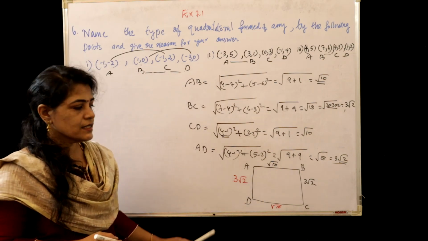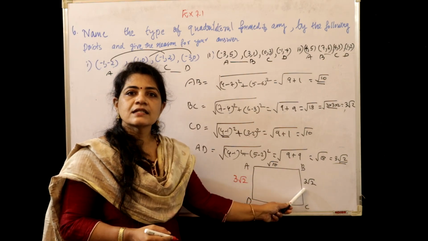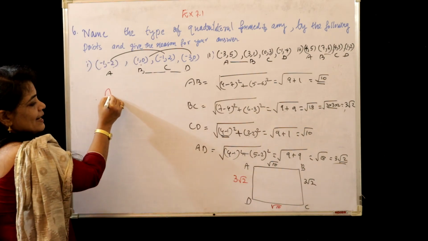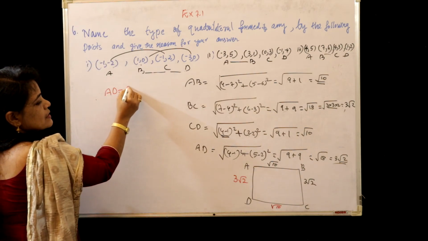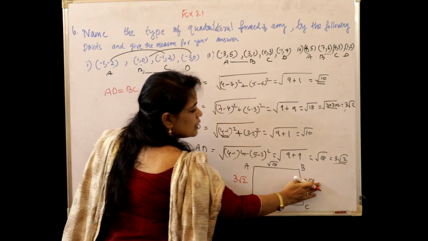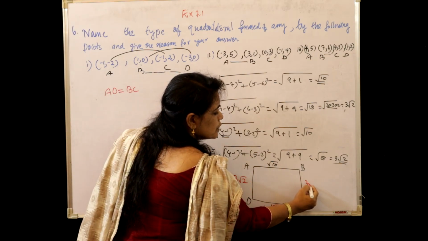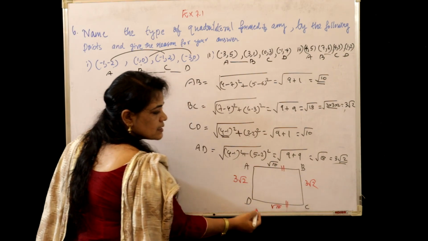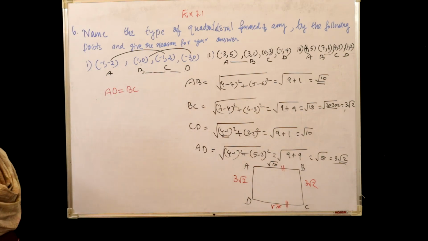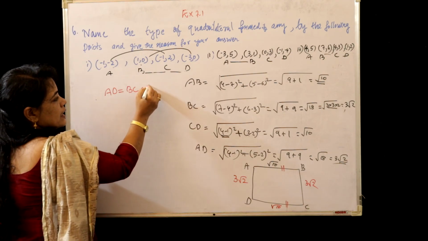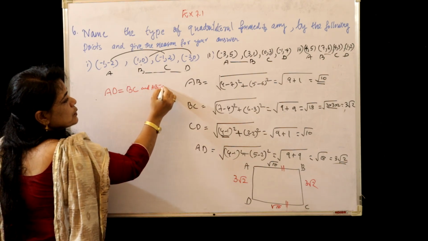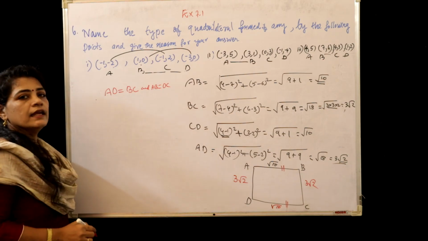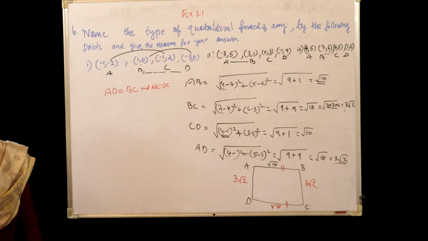That means you can see that opposite sides are equal, that is AD equal to BC, both are equal to 3 root 2, and AB and its opposite side DC, both are equal to root 10. Opposite sides are equal.